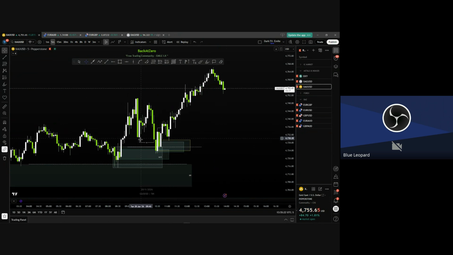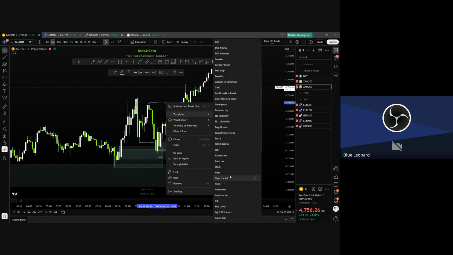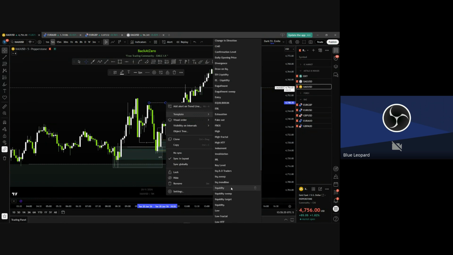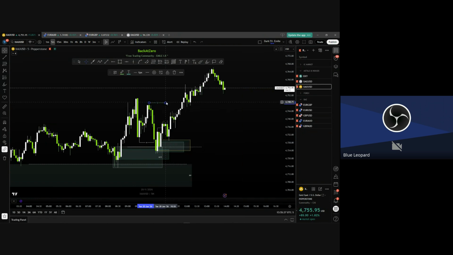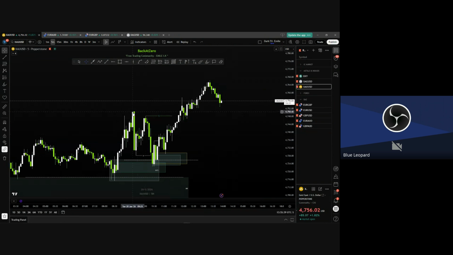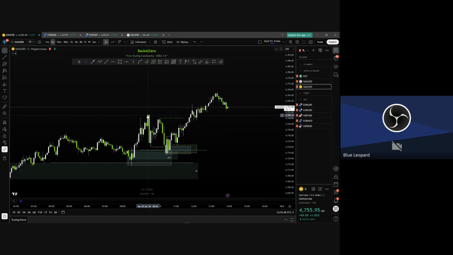We have this. Breakout traders put their stop losses here. Now I have liquidity up here, okay? So if I mark this like this and say liquidity here, I have liquidity here. People who sold here or took their trade from here and bought here, this is where they put their stop losses.